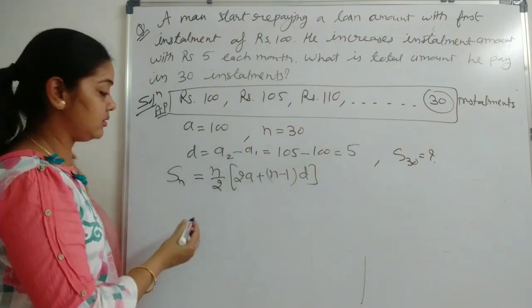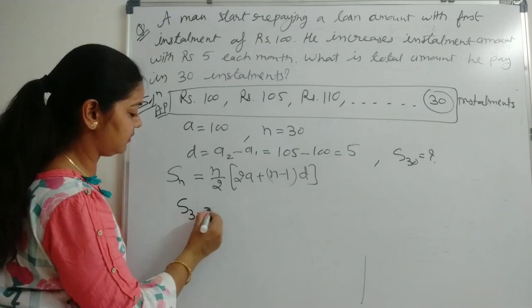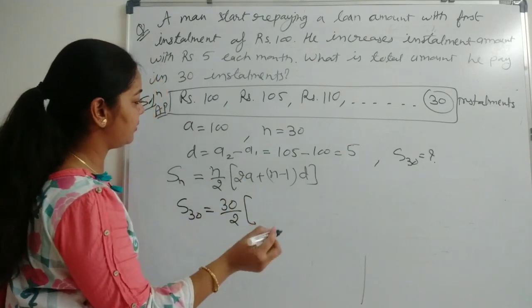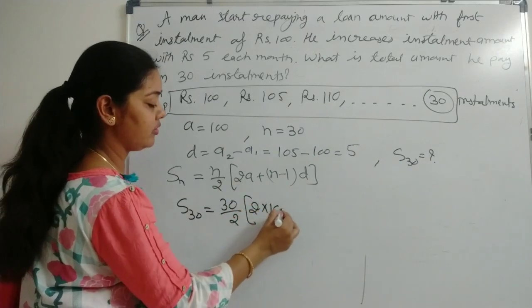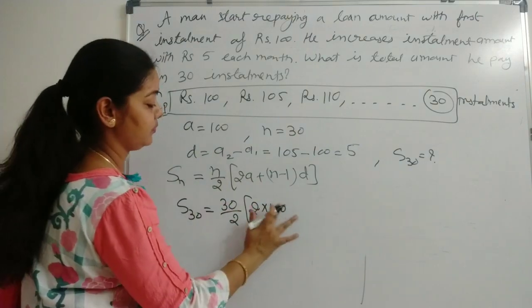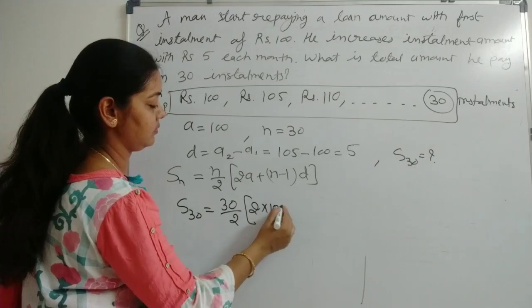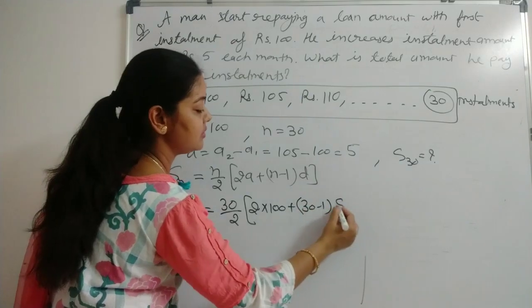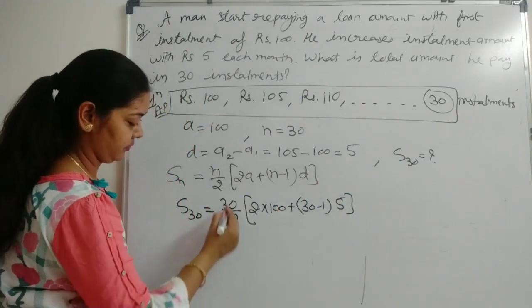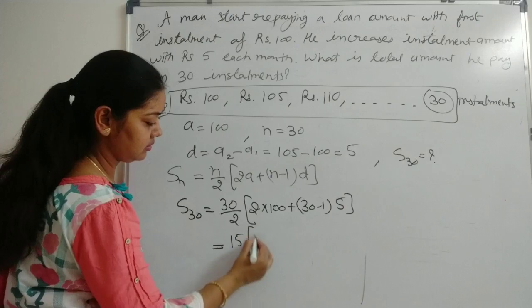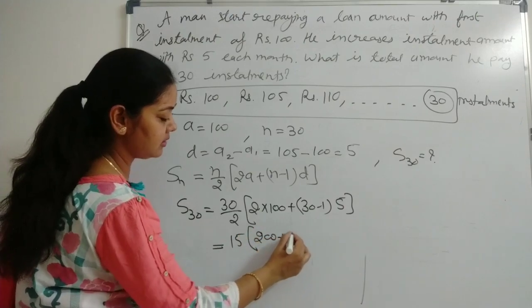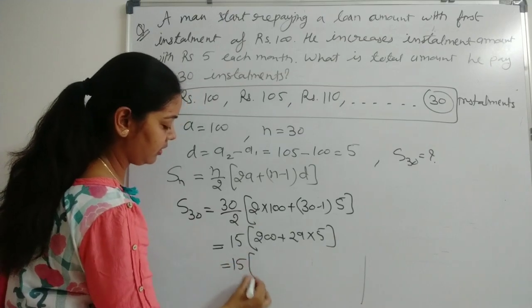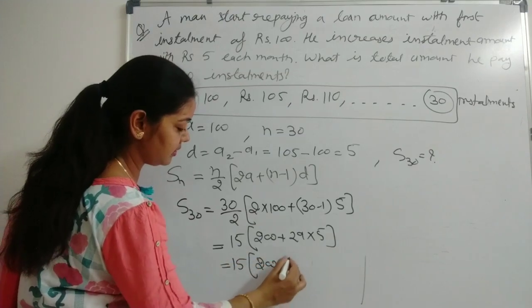Put all the values here. We will get S30 equal to 30 by 2 into 2a, that is 2 into 100, plus n minus 1, that is 30 minus 1, into d, that is 5. 30 by 2 is 15. So 15 into 200 plus 29 into 5, that is 15 into 200 plus 145.